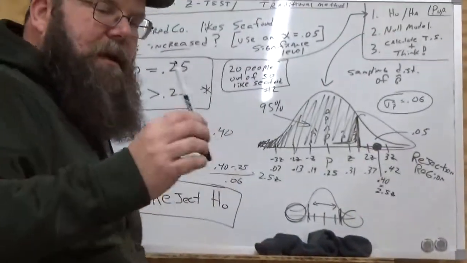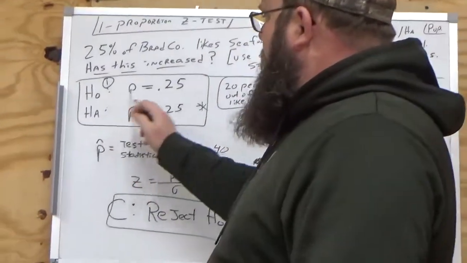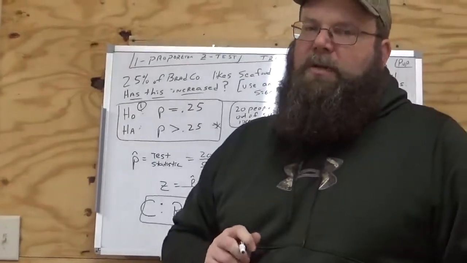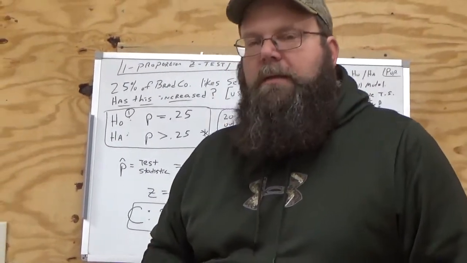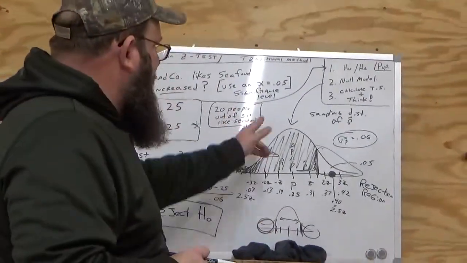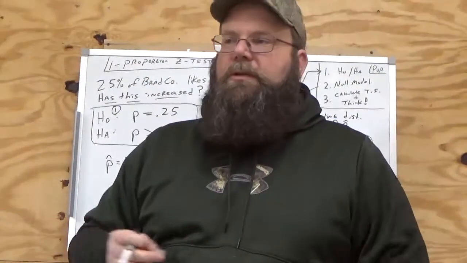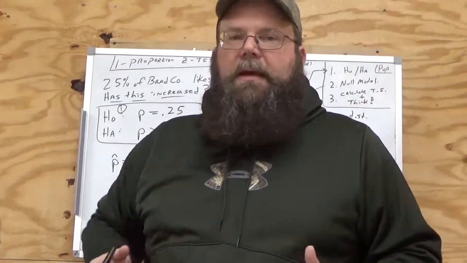Now, what does rejecting the null mean? It means we're saying this null hypothesis, p equals 0.25, is probably not true. Now, why am I saying probably? Well, because we did this with a significance level of 0.05. What have I preached to you since we began inferential statistics? Nothing is absolute.